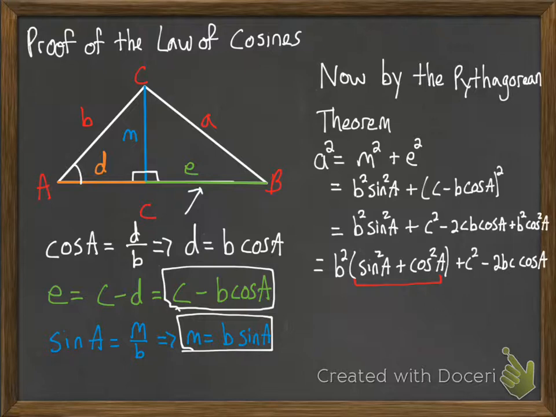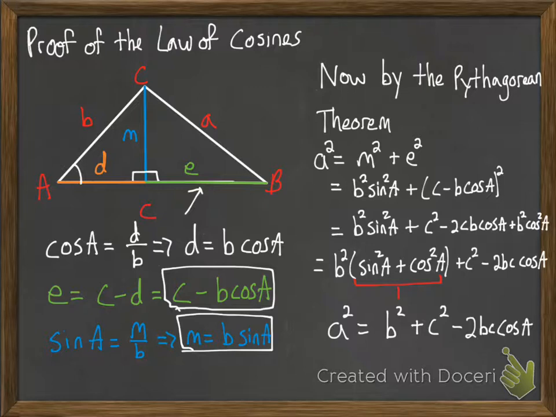Well, that's our Pythagorean identity. So, once again, the Pythagorean theorem jumping in a second time here. That is equal to 1. So now we can summarize it and put it all together. A squared is equal to B squared plus C squared minus 2BC cosine of A. And that is the law of cosines.